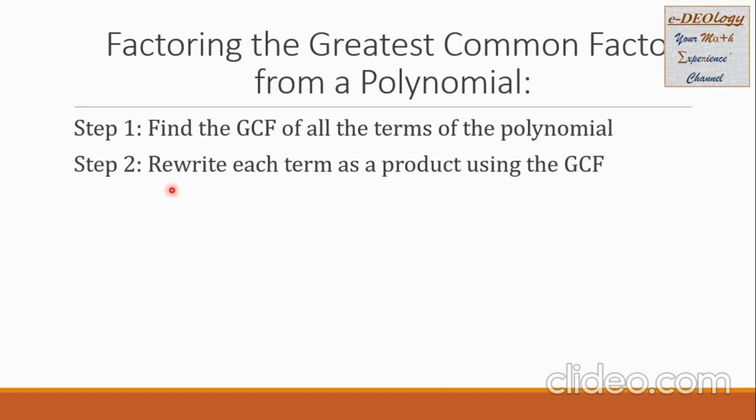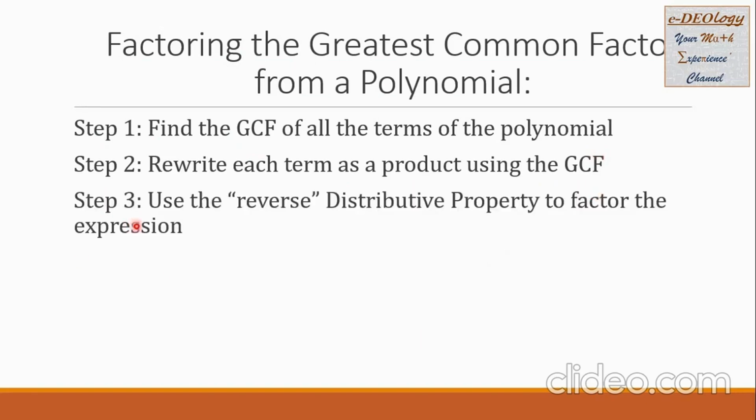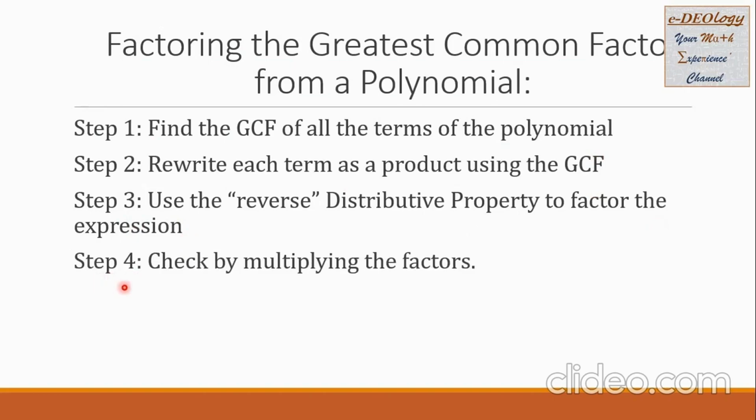Step 2, rewrite each term as a product using the GCF. Step 3, use the reverse distributive property to factor the expression. Step 4, check by multiplying the factors.